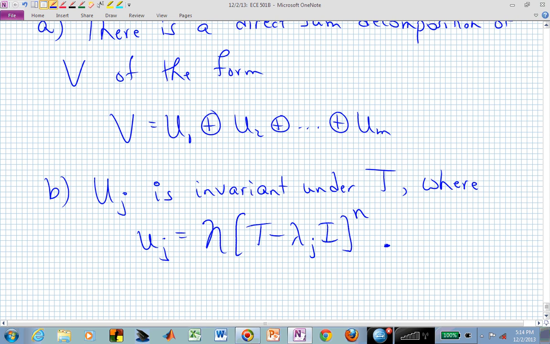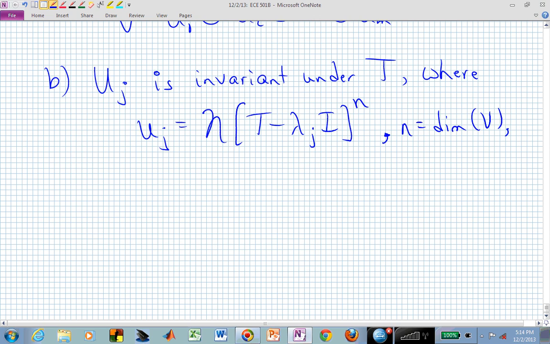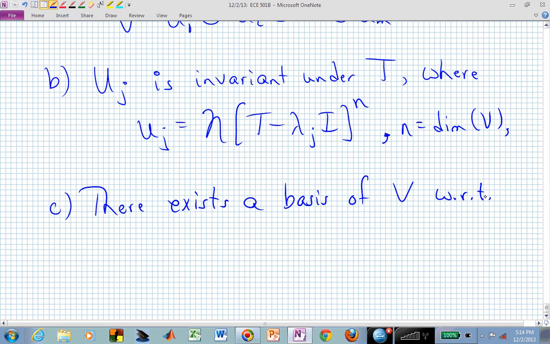And n is our dimension of our space V. So those U sub J are invariant under T. Finally, for the third part, there exists a basis of V with respect to which T is not necessarily diagonal, but it is block diagonal.